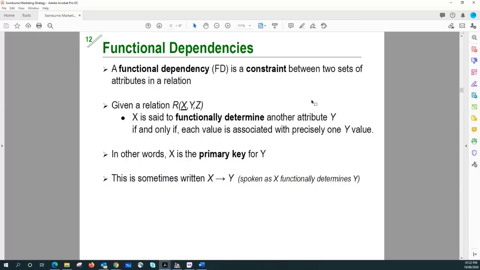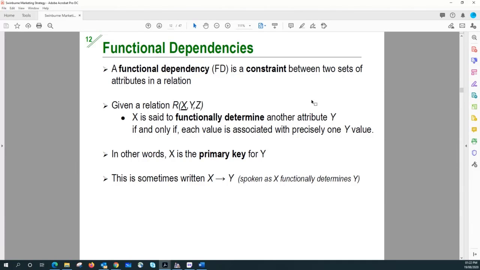So in order to learn that, we need to have this thing. Okay. So functional dependency means a constraint between two sets of attributes in a relation. Now, if you think about one relation or one entity, you have seen a bunch of attributes, right?